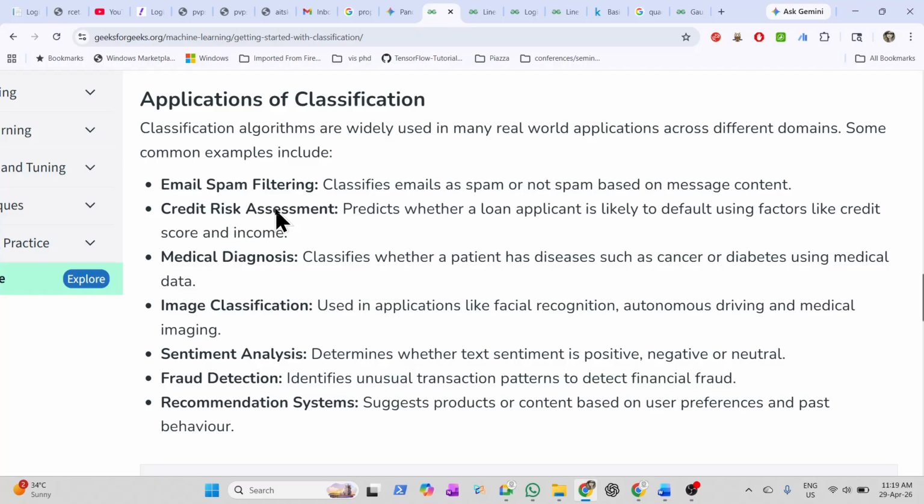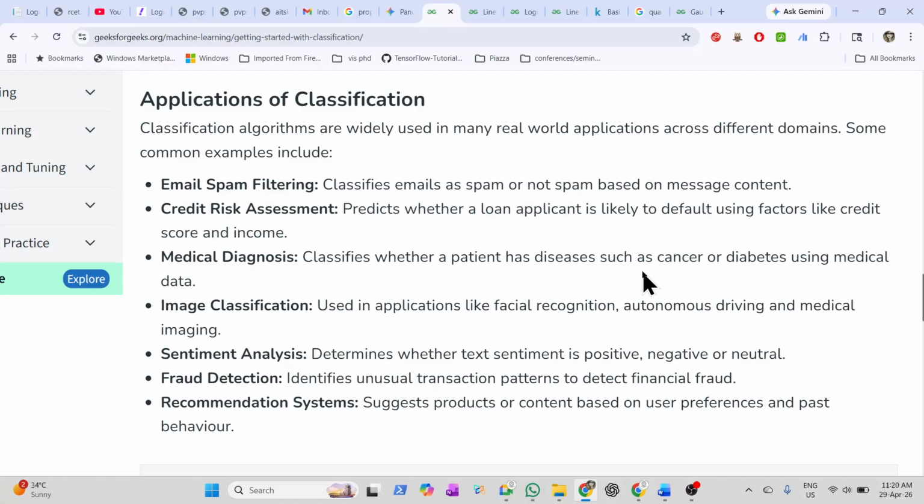In this, when an applicant applies for a loan, his or her credit score is checked and based on that the model will predict whether the applicant will repay the entire loan or will go into the category of loan defaulter. Loan defaulters are those who don't pay the loan on time.